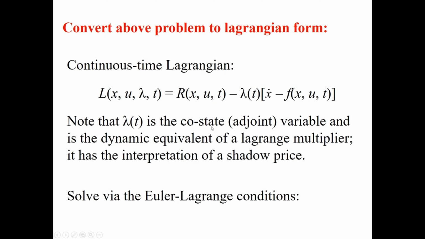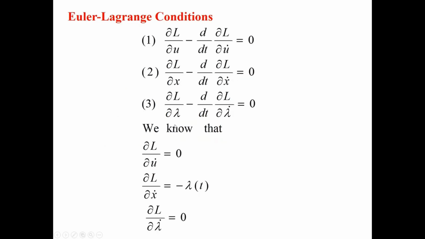We solve this particular Lagrangian using the Euler-Lagrange conditions on the next page, where they're given as the partial of the Lagrangian with respect to the state, the control variable, minus the derivative with respect to time of the first partial derivative of the Lagrangian with respect to the control variable dot, in other words, du dt.